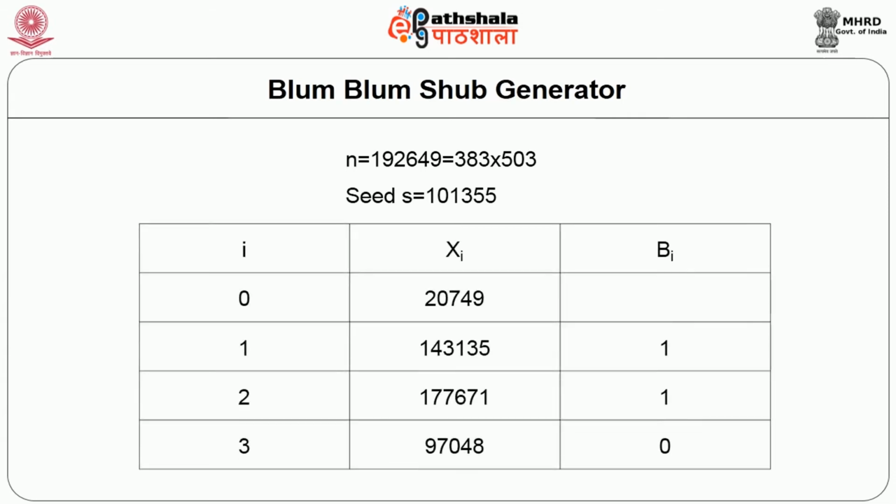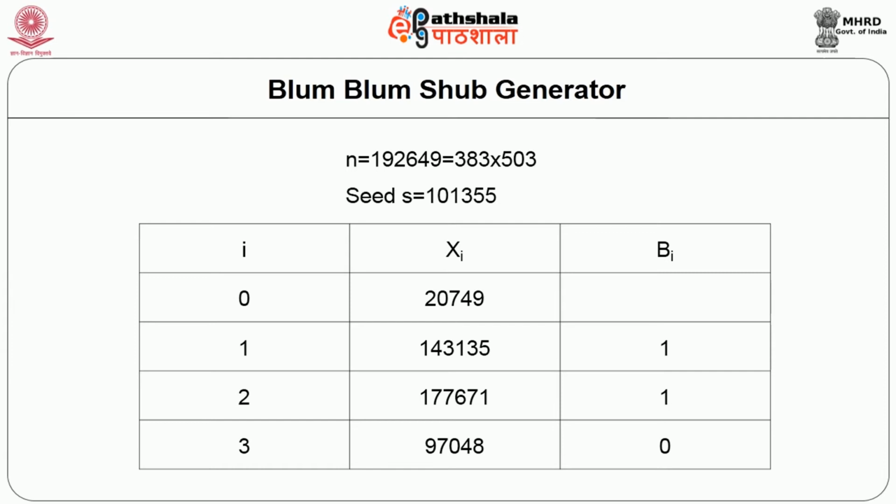We are given the value of i, the iteration, and what would be the value of xi and the bit we are going to generate. Initially, for 0, we got xi to be 20749. In the first iteration, xi would be 143135, and in the second iteration the xi value would be 177671.